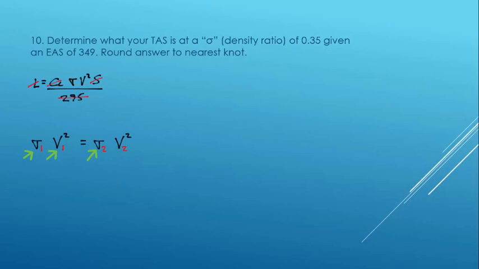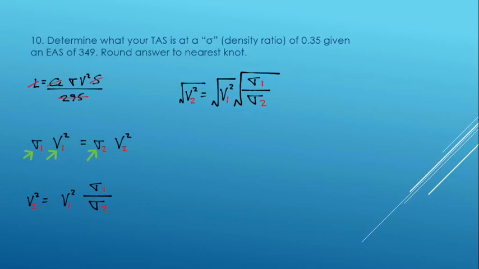And now we manipulate the formula so that we first isolate velocity of the second condition, then we simplify the formula. So we wind up with velocity of the second condition is equal to the velocity of the first condition times the square root of the first density ratio divided by the second density ratio.